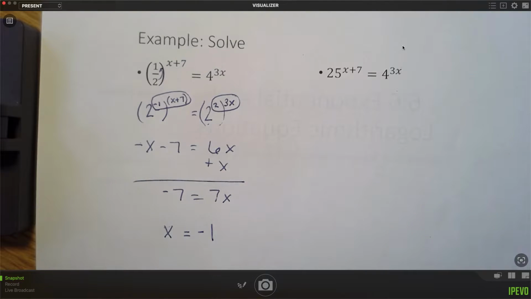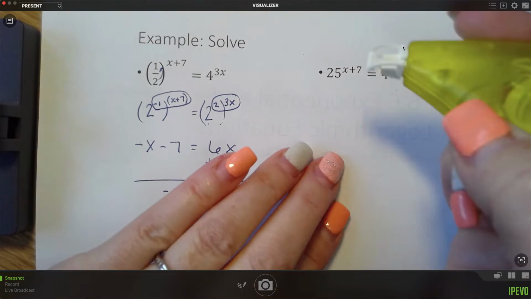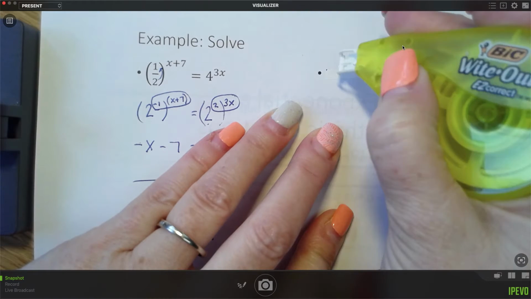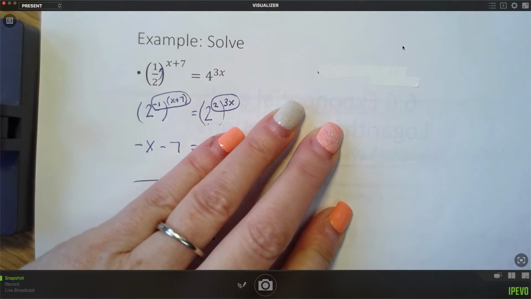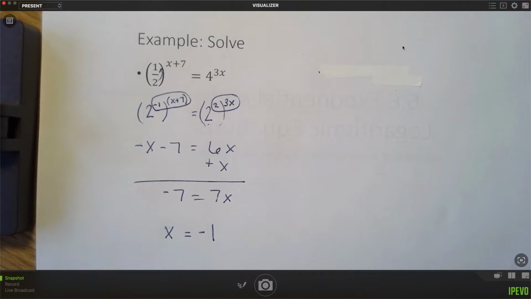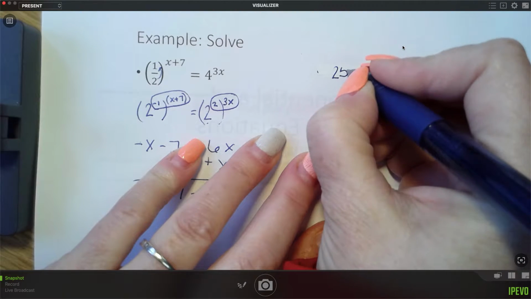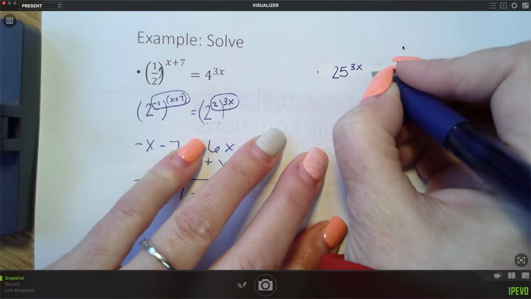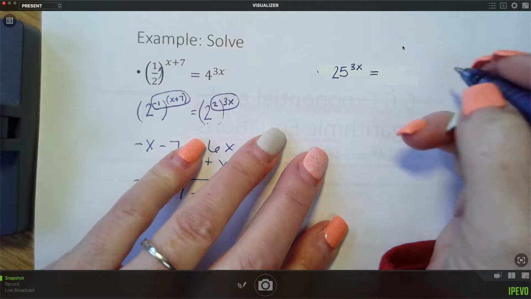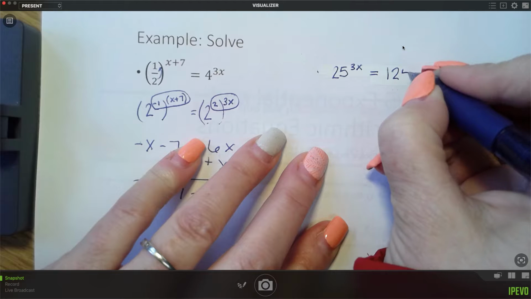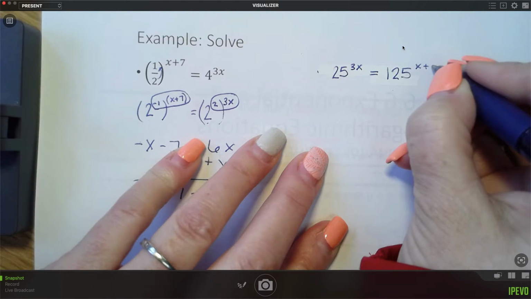This is wrong. Don't write that next one. I didn't catch it. It should be 25 to the 3x equals 125 to the x plus 2.